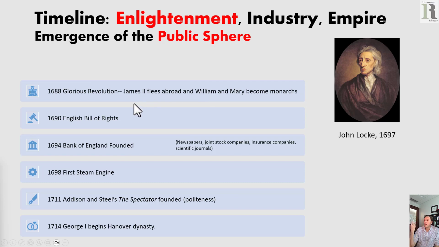They developed newspapers, joint stock companies, publicly traded stock, insurance companies, and scientific journals, all of which mostly were developed at coffee houses in London and Amsterdam and a few in Paris, where there would be a coffee house that all the shipping investors and shipping merchants would go to.